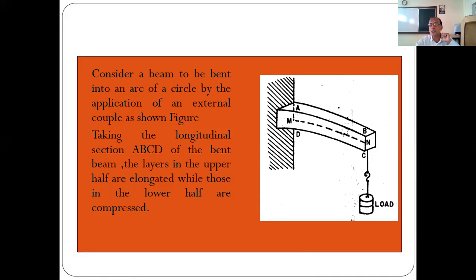In the depressed position, the equilibrium position, if you see the condition of the surfaces or the filaments, you find that the upper surface AB gets elongated or its length increases, and the lower surface DC, its length decreases or it gets compressed, isn't it?